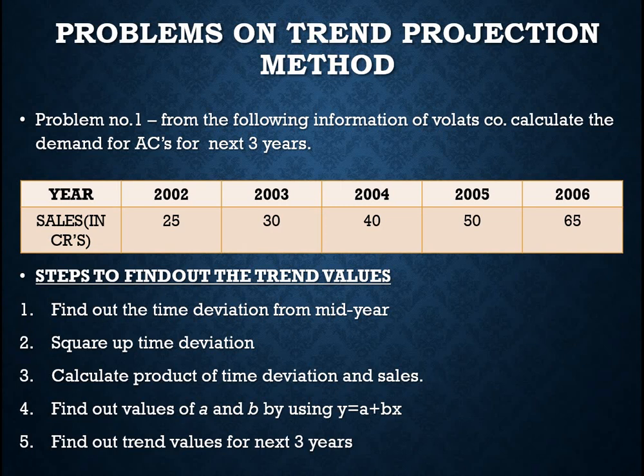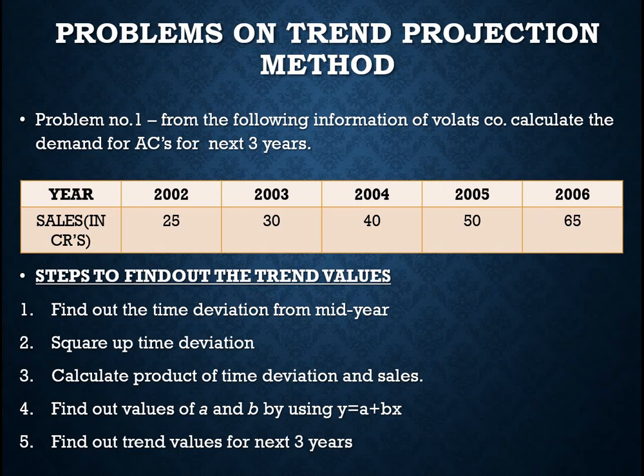So totally 5 years of data, and the sales in crores: 25, 30, 40, 50 and 65 respectively. With this data we have to calculate the trend values for the next 3 years for the demand of AC.